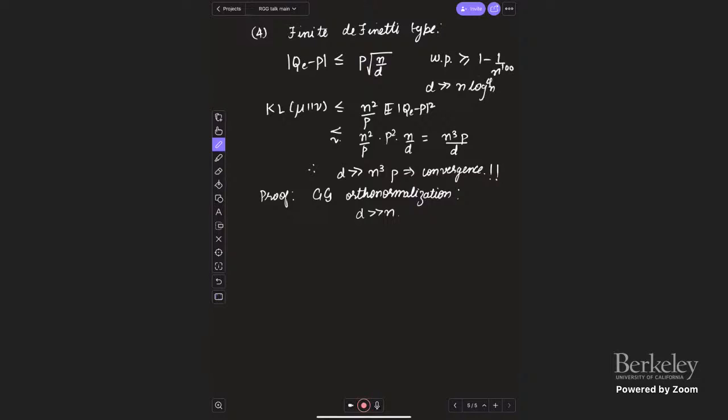So without loss of generality, we can write x1 to be (x11, 0, 0, 0), with d minus 1 zeros here, and x2 is equal to (x21, x22, 0, ..., 0). And similarly, xn we can write to be (xn1, xn2, ..., xnn, 0, 0, 0), and there are d minus n zeros here.